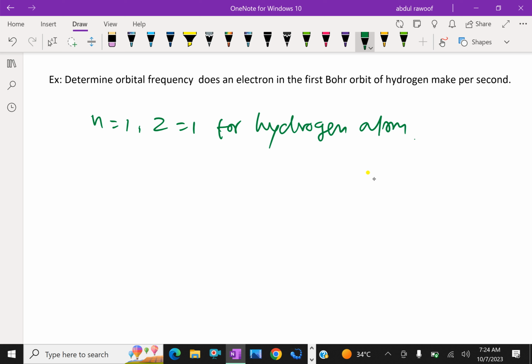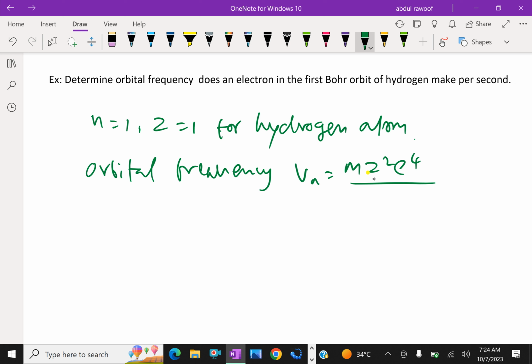Now the orbital frequency. See formula, Vn equal m z squared e power 4 over 4 epsilon 0 square h cube n cube.